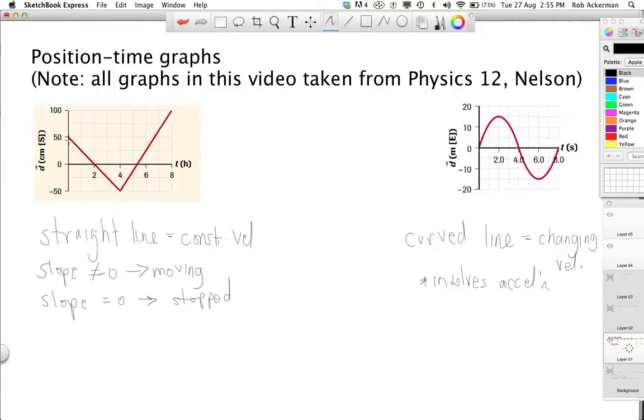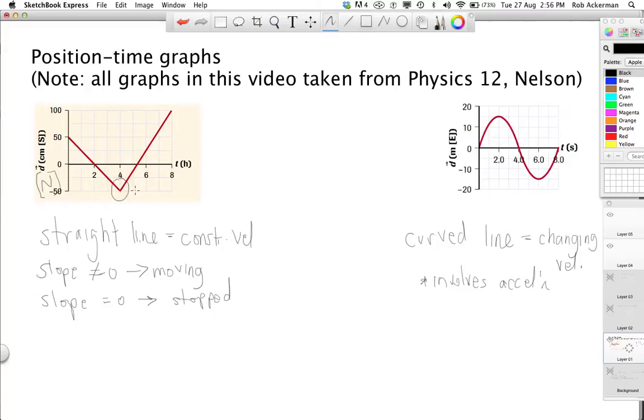We notice that the position's going from 50 down to 25, back to the origin, now passing the origin, going to the negative side, which by the way would be negative south, which would be north in this region of the graph. So we're actually moving north here, and then all of a sudden we start going back to the origin, 25 away from the origin, at the origin, now 25 beyond the origin, 50 beyond the origin, and so on.